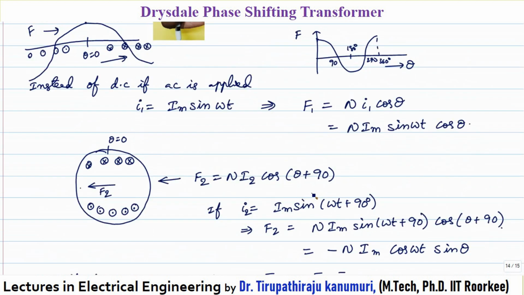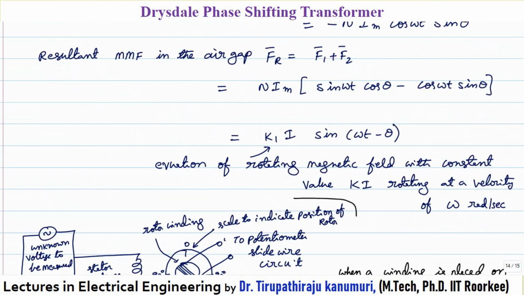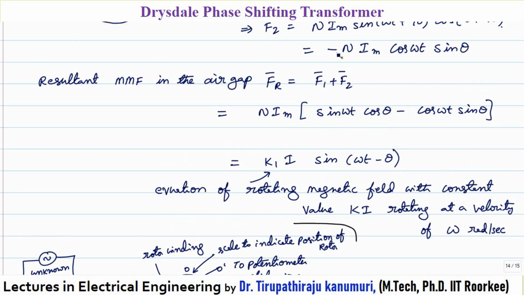Now if you want to find the resultant MMF in the space in between, that means in the air gap, that resultant MMF can be written as Fr. That resultant MMF will be the sum of the MMF produced by each winding, so F1 plus F2. This I can write as N times I maximum into sin omega t cos theta, and the second one is minus cos omega t sin theta, because the negative sign is there.